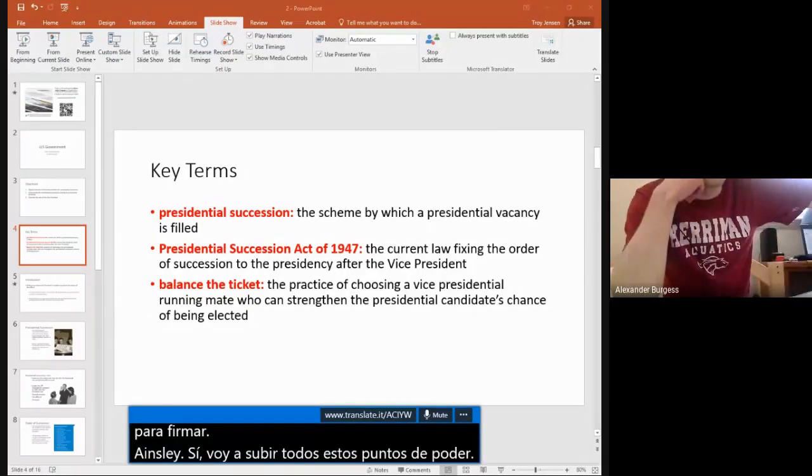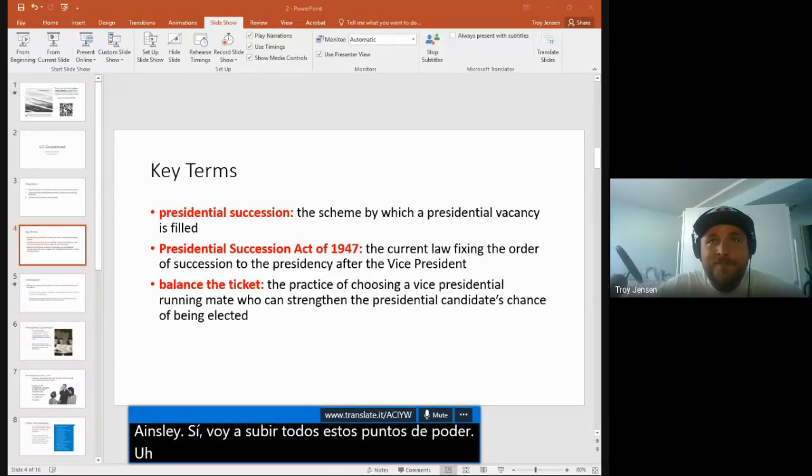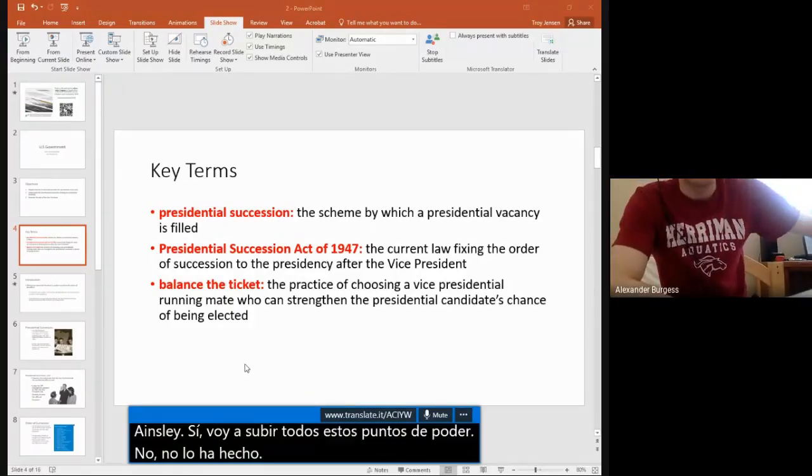Has there ever been a time where the line of succession went past the vice president? No, there hasn't. Does the vice president get benefits that the president has as well? Do they share that stuff?